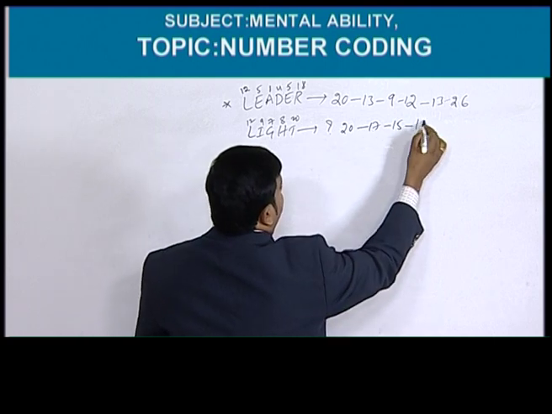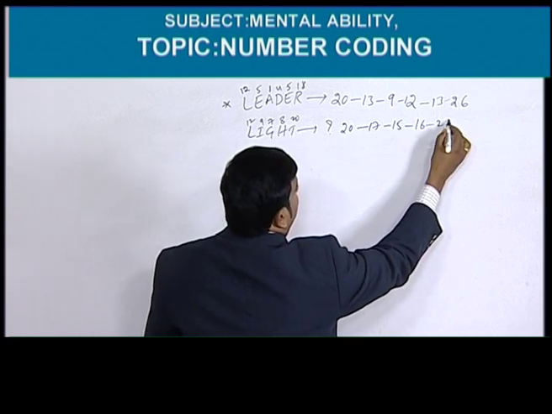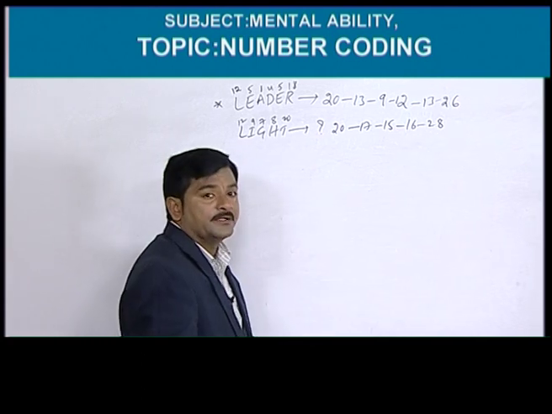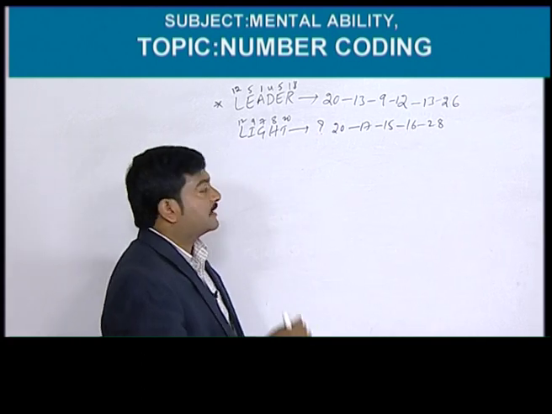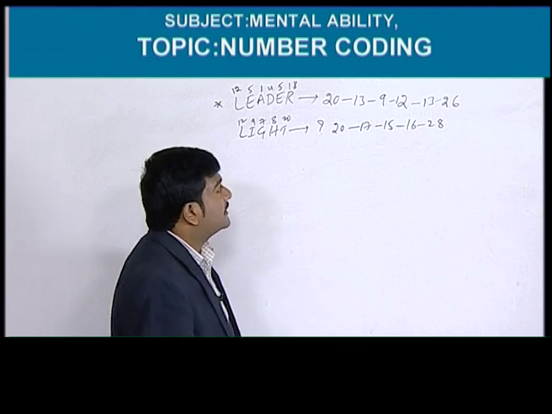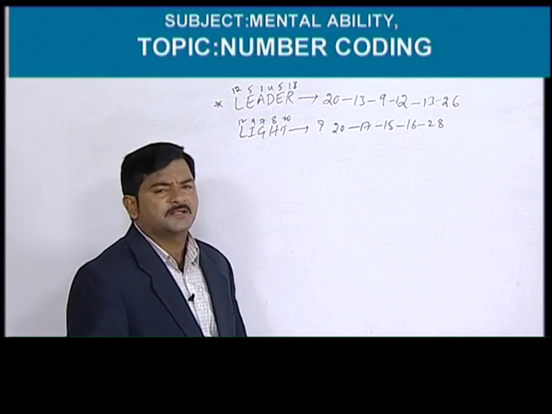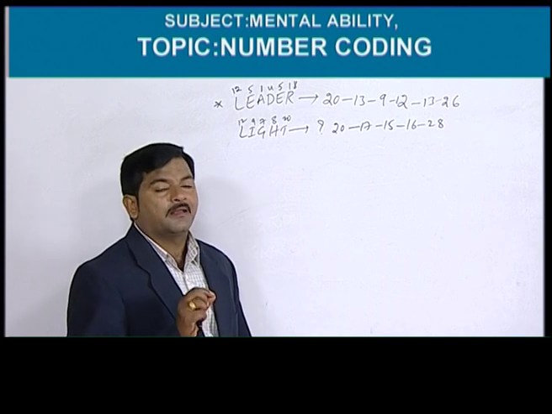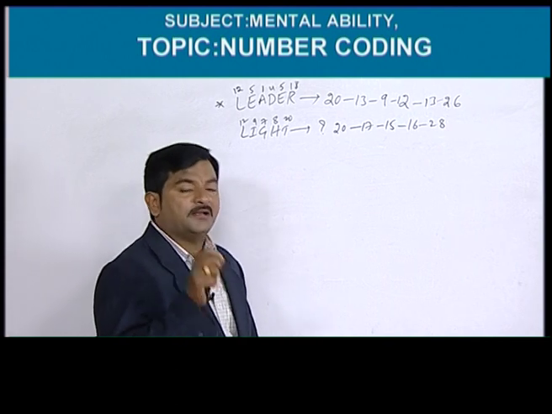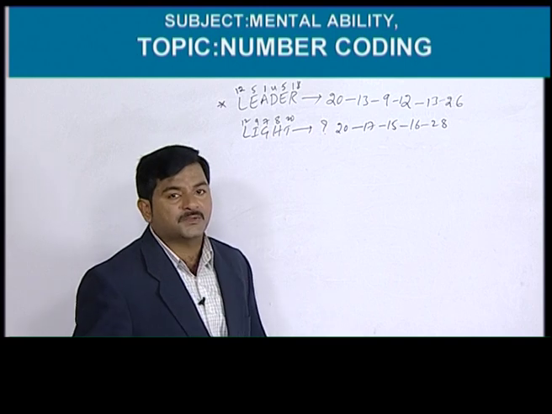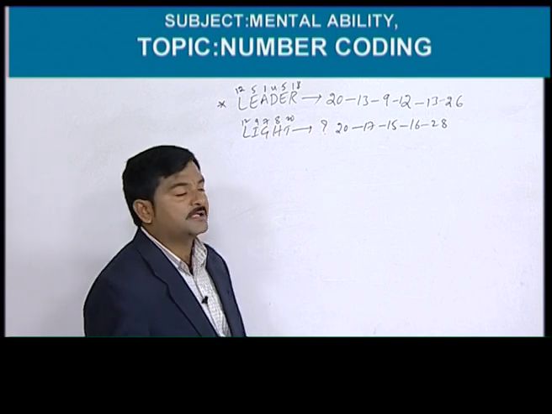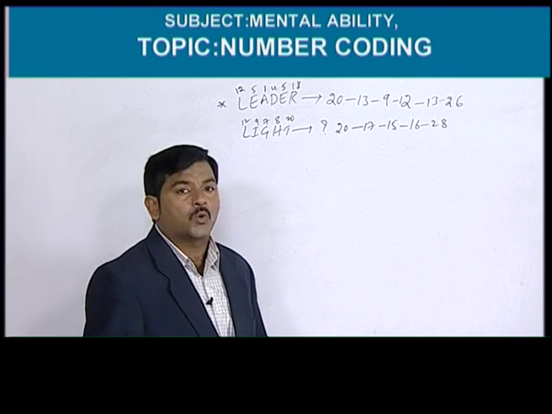Similarly, 8 plus 8, 16. 20 plus 8, 28. Hence, the answer for the given word LIGHT is 20, 17, 15, 16, 28. Simply, he added 8 to each and every letter. He took the corresponding numbers, and by adding 8 to those numbers we are getting the coding word.